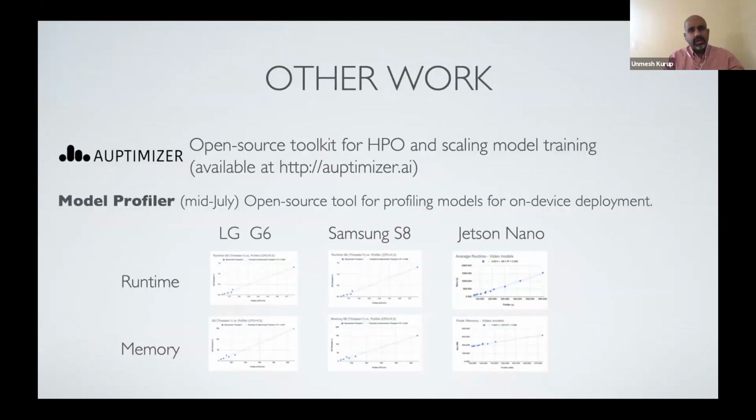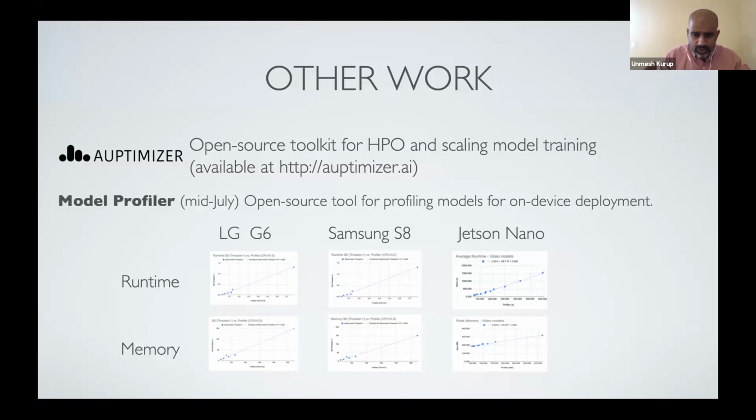While I'm talking about this, I also want to introduce some of the other work that we have been working on in our lab. One of them is Optimizer, which is an open source toolkit for doing model training that is targeted at devices. Currently it's a hyperparameter optimization and training and scaling of model training software.